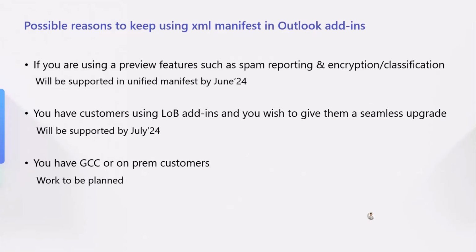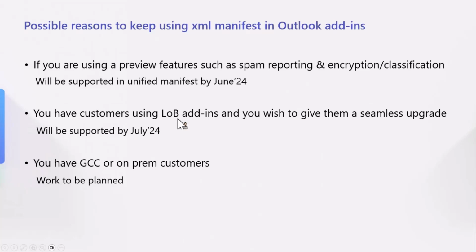While I would definitely say that this is something that you can go out and try and develop immediately, if you are, let's say, using a spam reporting feature or an encryption classification feature in your XML add-in right now, which are preview features for XML add-ins, then you might want to wait till June to publish your add-in, because these are preview features and it will take up till June to appear in the JSON manifest.